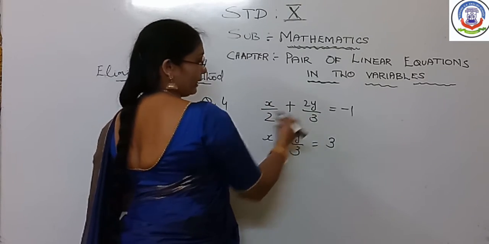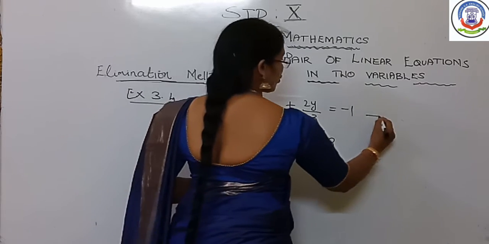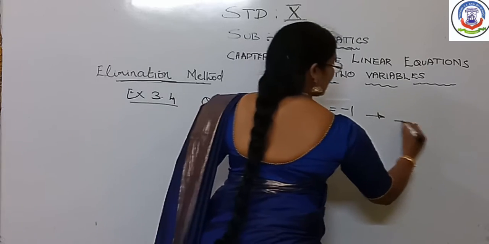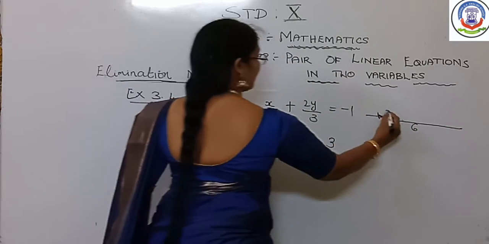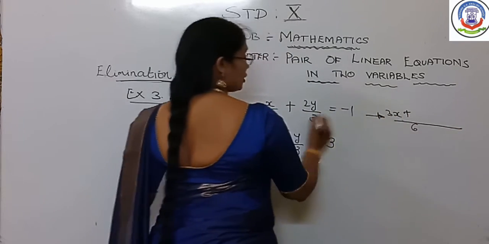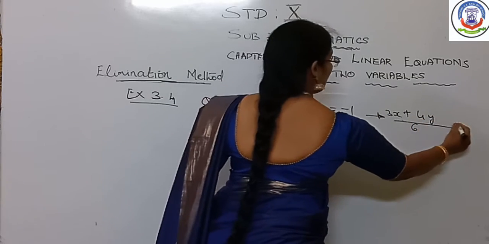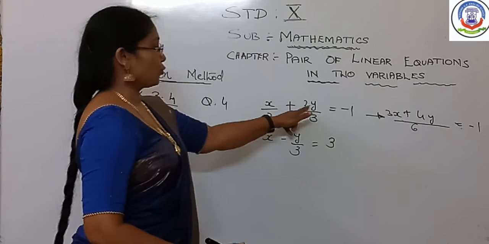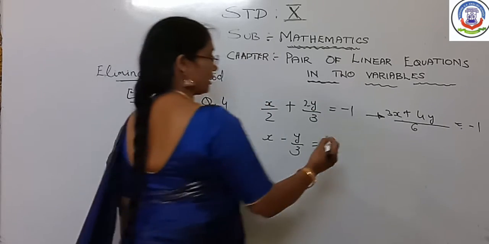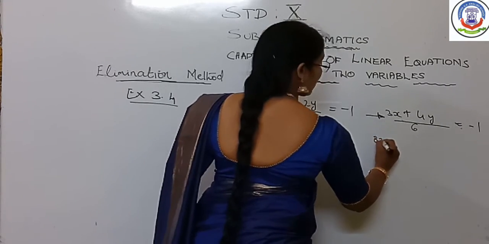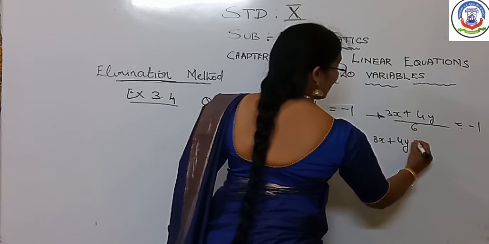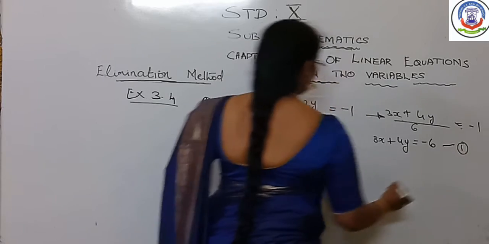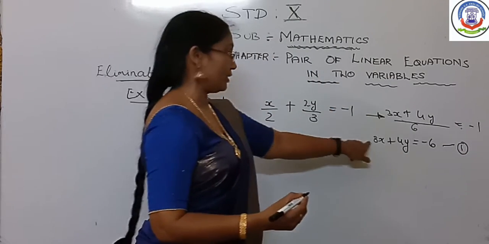Here 6 is the LCM, so you can change this equation this way: 3x plus 2 twos are 4y equal to minus 1 times 6, which implies 3x plus 4y equal to minus 6. Now this is our first equation; you have reformed it this way.